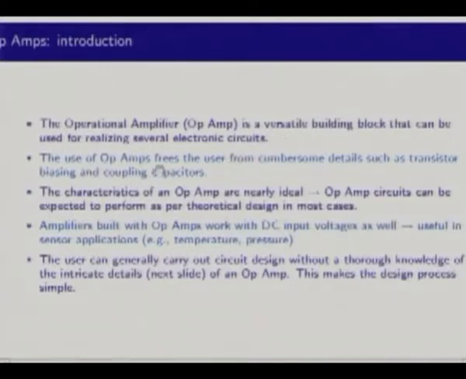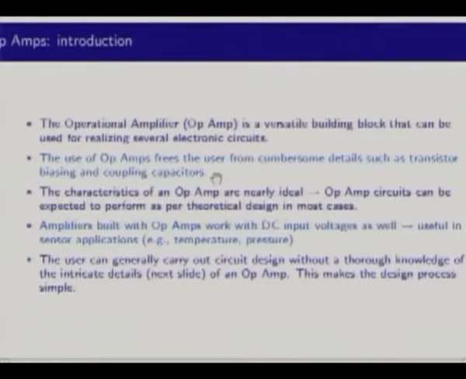The use of op-amp frees the user from cumbersome details such as transistor biasing and coupling capacitors. By this time the students would have already done, for example, the common emitter amplifier, and they know how difficult it is to design the biasing current and so on.